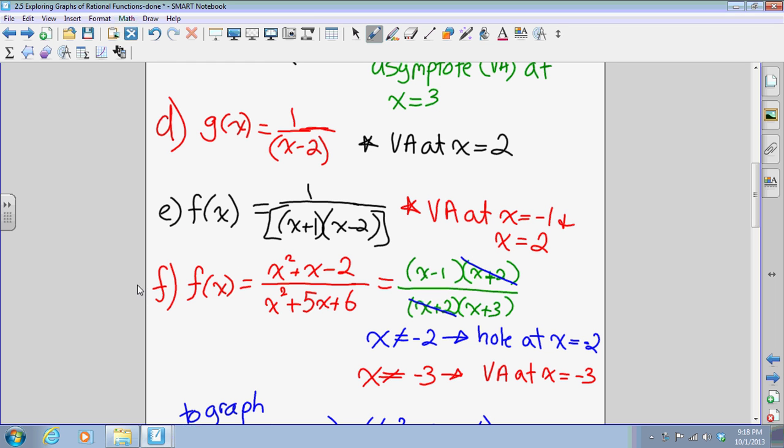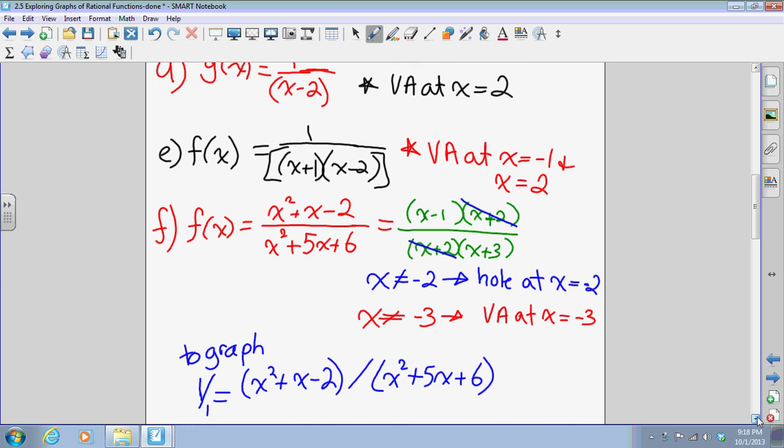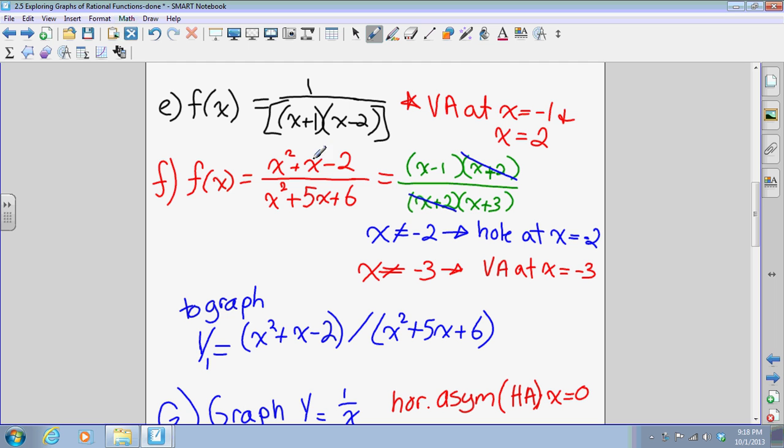F asks you to find an example where you have both a hole and a vertical asymptote. And again, you can make up any example here. I just chose one that we could easily factor and where there was a canceling. Answers will vary here if you're trying your own. Whatever cancels out, ladies and gentlemen, you set to equal 0, and it can't be because it's a restriction.